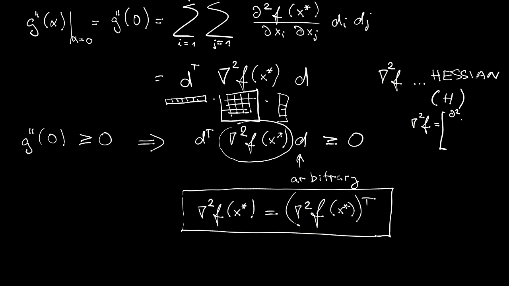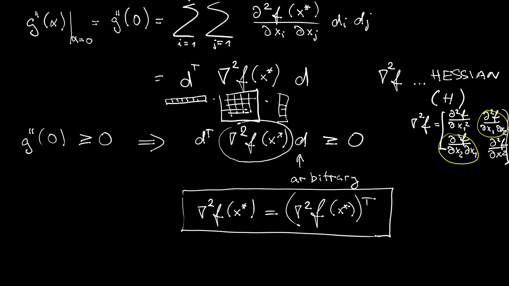So it's the second partial derivative of f with respect to x1, then the second mixed partial derivative with respect to x1 and x2, again the second mixed partial derivative with respect to x2 and x1, and finally the second partial with respect to x2. So clearly the Hessian matrix by definition is a symmetric matrix because these mixed derivative terms must agree.